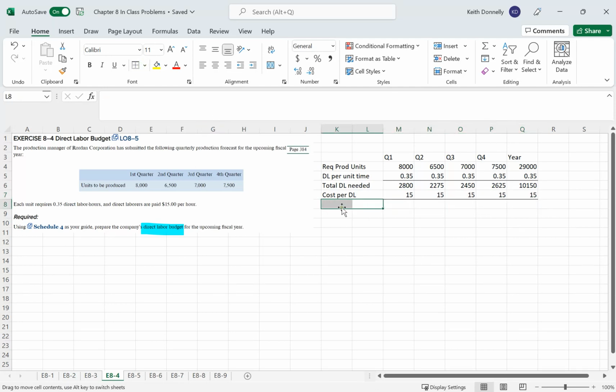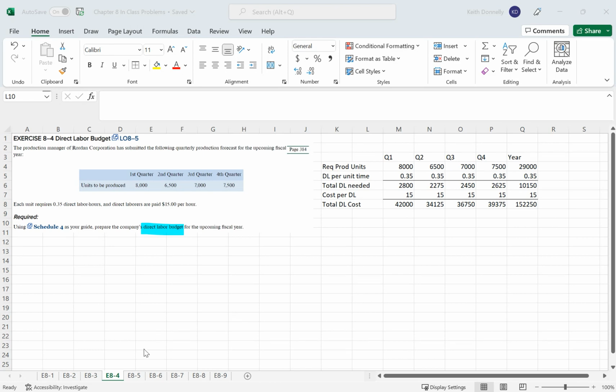Then we can figure out our total direct labor cost. Just multiply that again. 42,000, 34,125, 36,750, 39,152. So feel free to populate that in Excel. Sometimes I move faster than you can handwrite, or you're doing it in the formula. Just pause the video, not a big deal. But that right there is a direct labor budget.